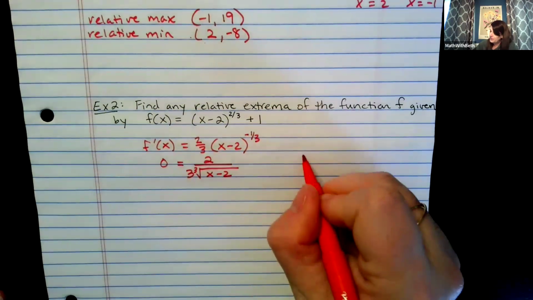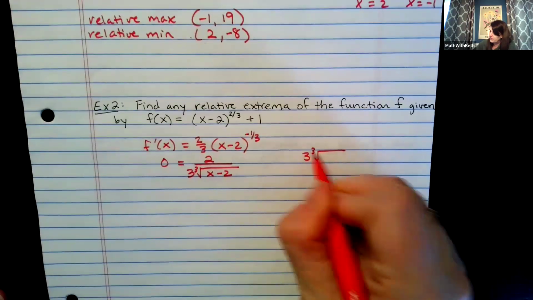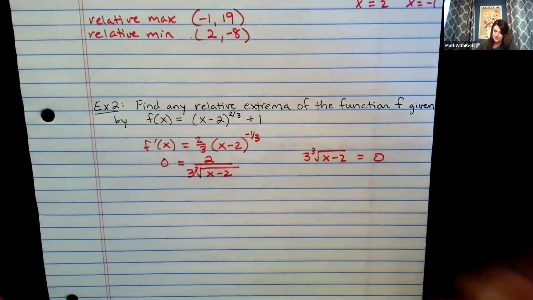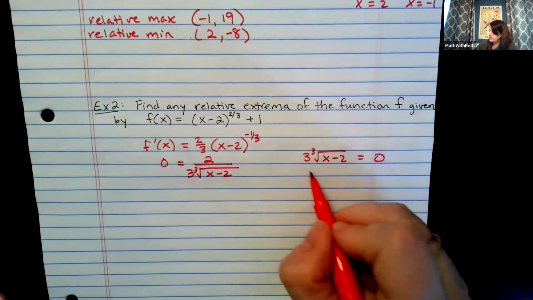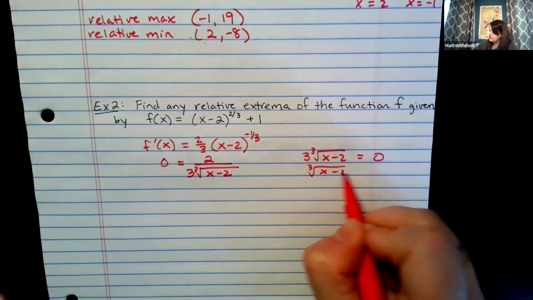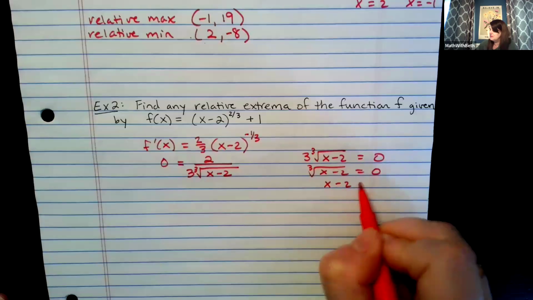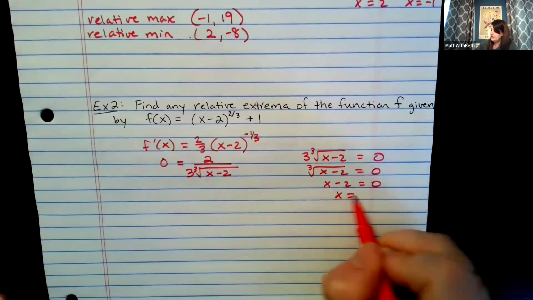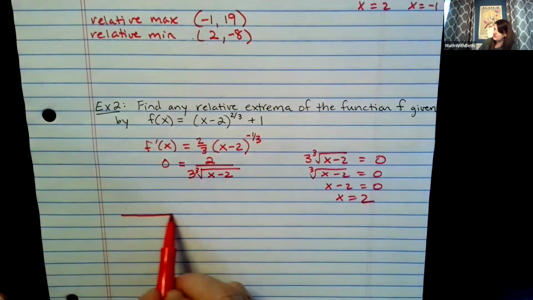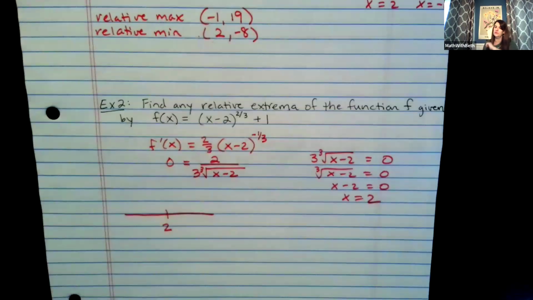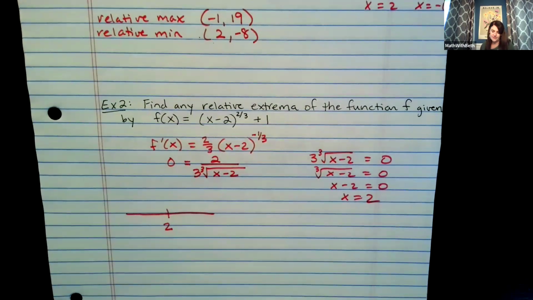But if I set the bottom equal to 0 to see where it would be undefined, I will get an answer. So if I divide by 3, I'm still here. If I now cube both sides, I'm here. So 2 is the only possible critical point.